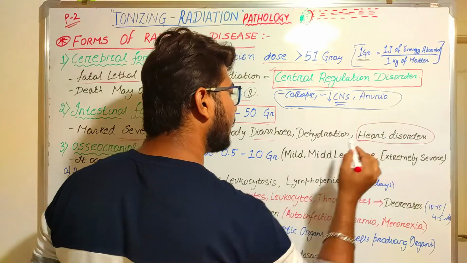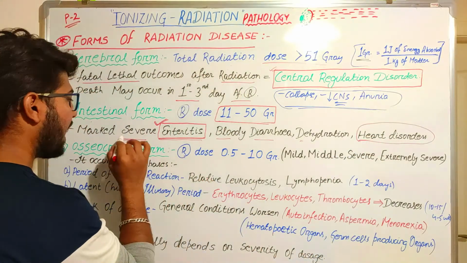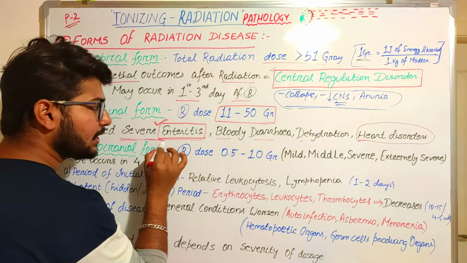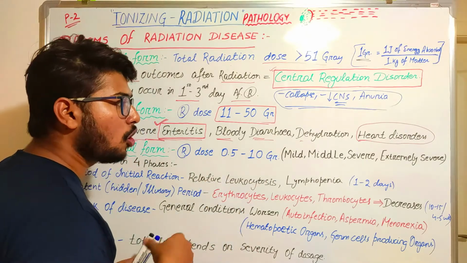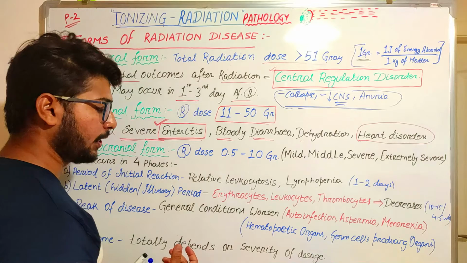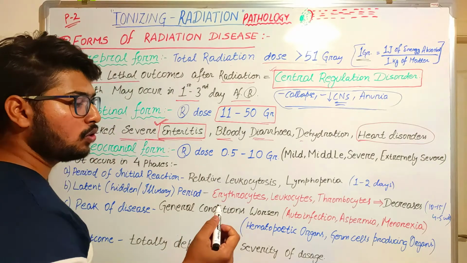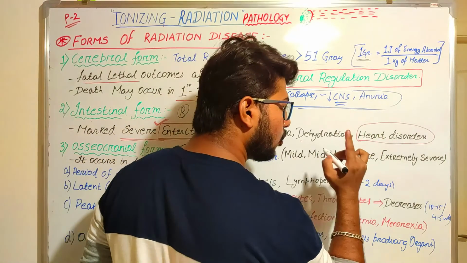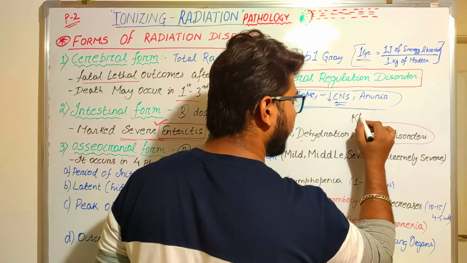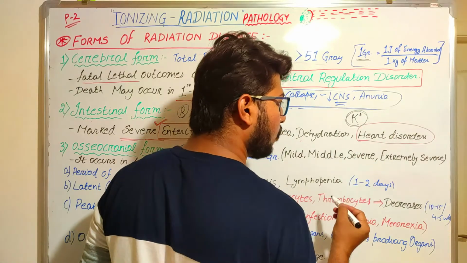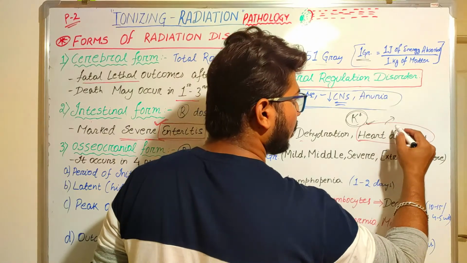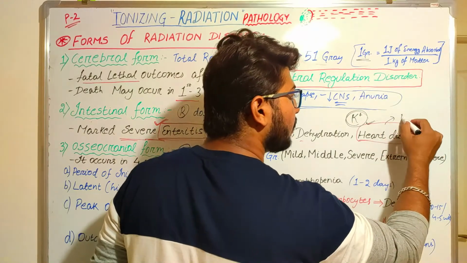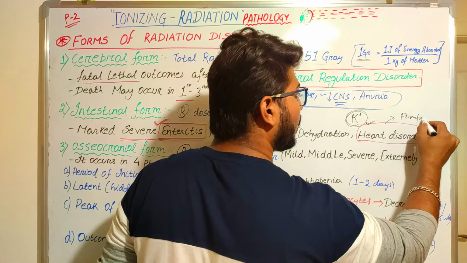This is a very good question. Because there is severe enteritis and bloody diarrhea, there will be loss of electrolytes from our body, and as we know, if the amount of a certain electrolyte, that is potassium, varies in our body, then heart problems will occur, like changes in the pumping ability of our heart.